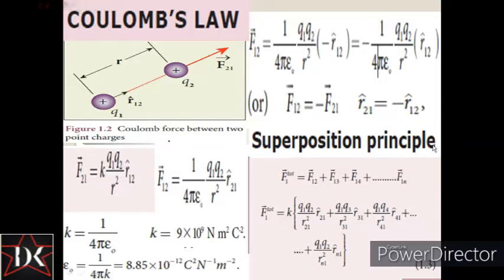According to the superposition principle, the total force acting on a given charge is equal to the vector sum of forces exerted by all other charges, that is F12 plus F13 plus F14 plus so on. This force can be expressed in terms of the charges and the distance between them using Coulomb's law.